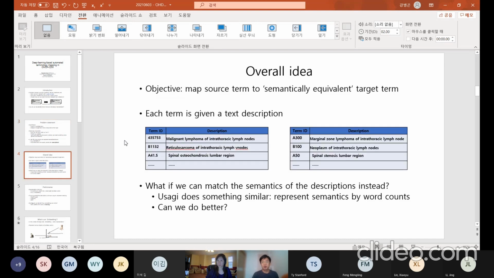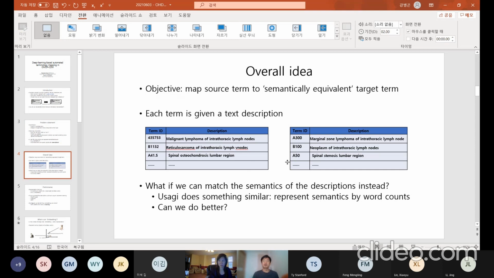So now the basic idea of our approach becomes a lot easier. Since each term will have a corresponding description text, and we all know that the OMOP CDM contains all the term set with the corresponding description text as well, we can use that description text to extract contextual information.